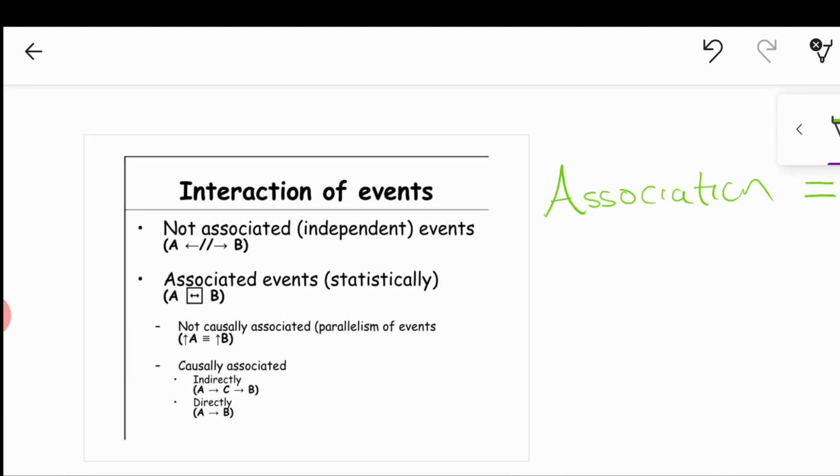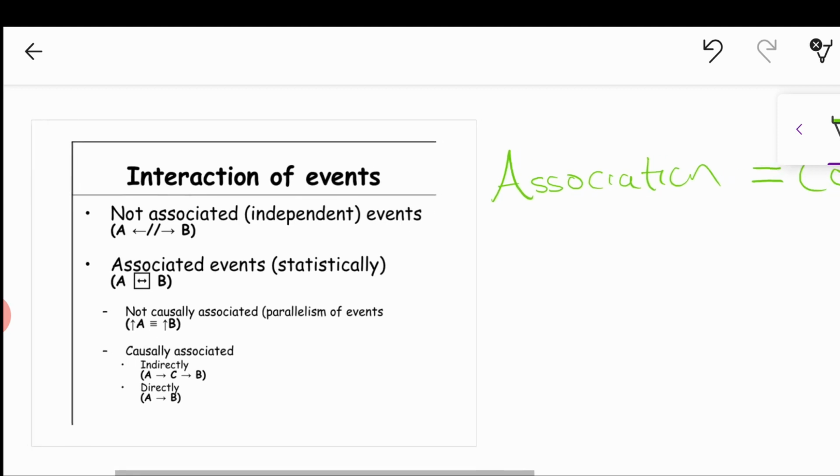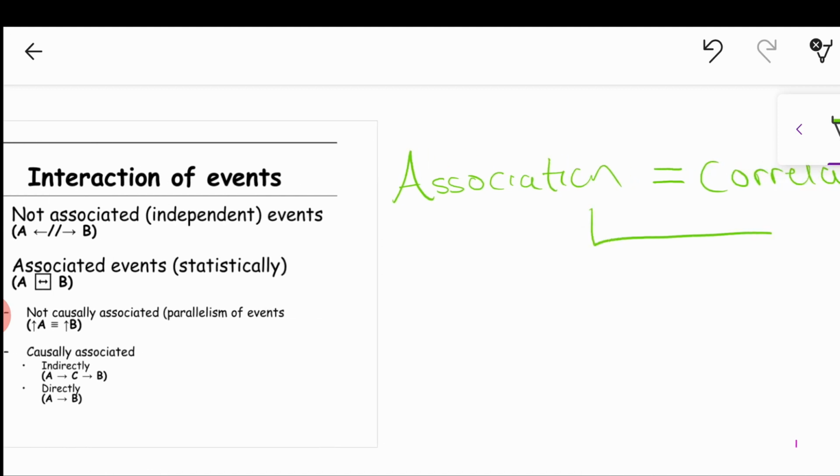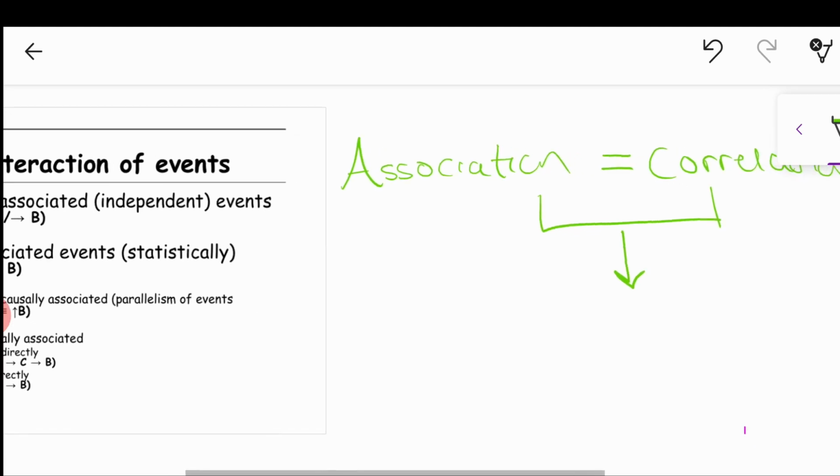So events can be associated, alright, or correlated. And what this means is there is a statistical link. However, this doesn't necessarily mean there is causation.